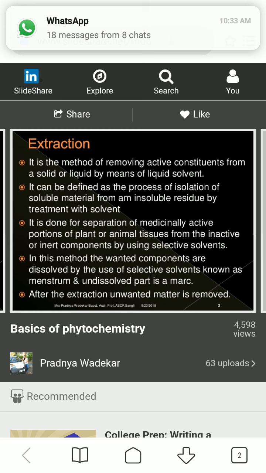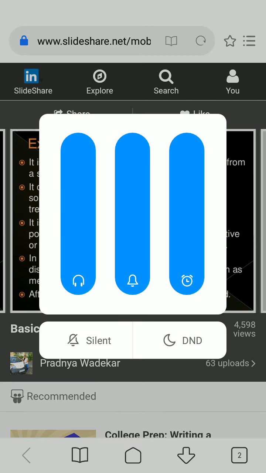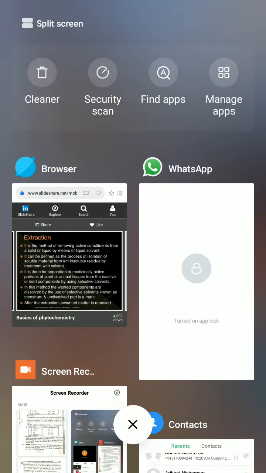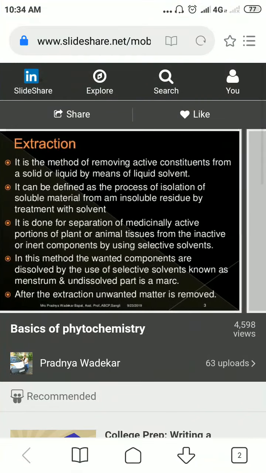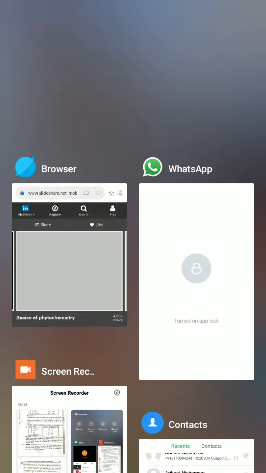In terms of selection of solvent, we first have to know about the nature of the plant powder. After considering the nature of the plant powder we can select the type of solvent to use in a particular method of phytochemistry.